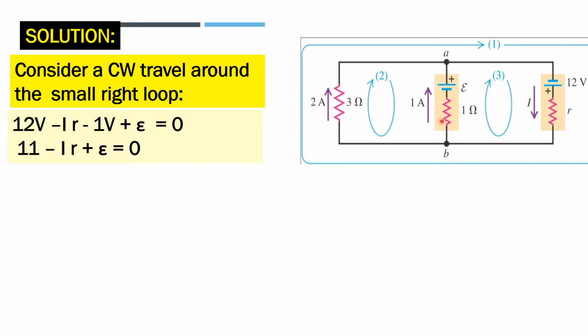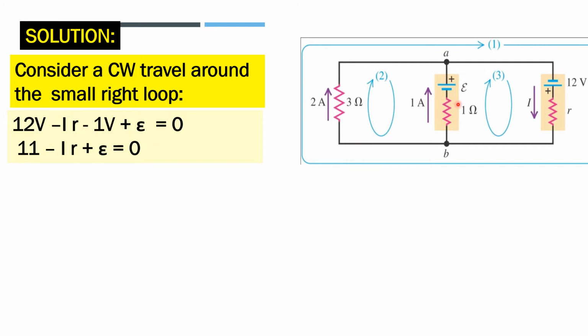And that means you will be traveling in the same direction as that current of 1 ampere. So, if you multiply 1 ohm times 1 ampere, that's exactly equal to 1 volt. And the sign of that voltage drop is negative 1 volt, minus 1 volt.